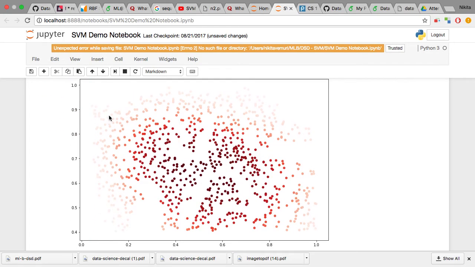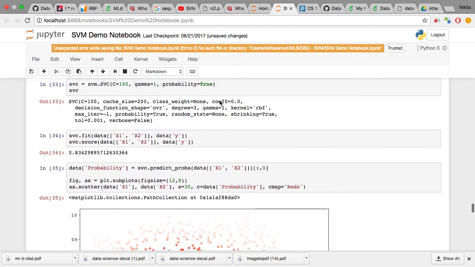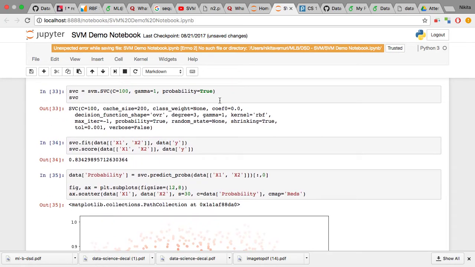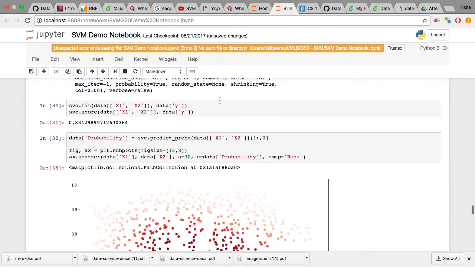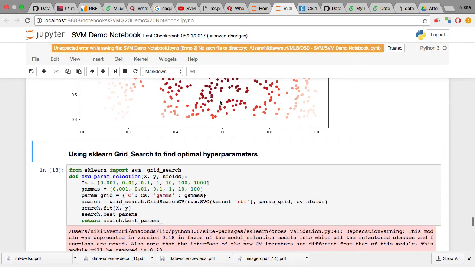And when you plot it, there's much less distinction between the points of the inner class and the outer class, as a result of decreasing gamma. So when you're using SVMs in sklearn, those are the main two things you want to focus on to see what's best for your data set and your model.